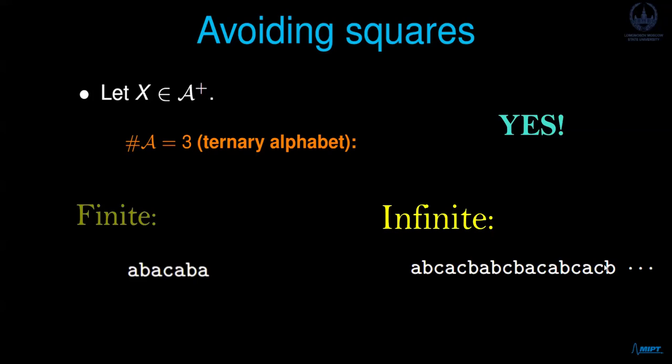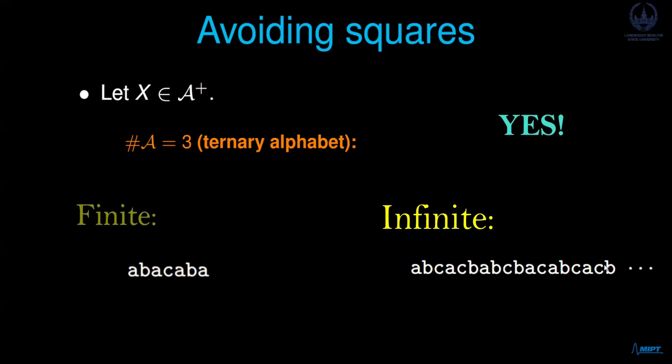For example, consider the finite word ABACABA. This word avoids squares because no part of it consists of two consecutive identical blocks. Similarly, we can extend this to infinite words. Here's an example: A, B, C, A, B, A, B, C, and so on.